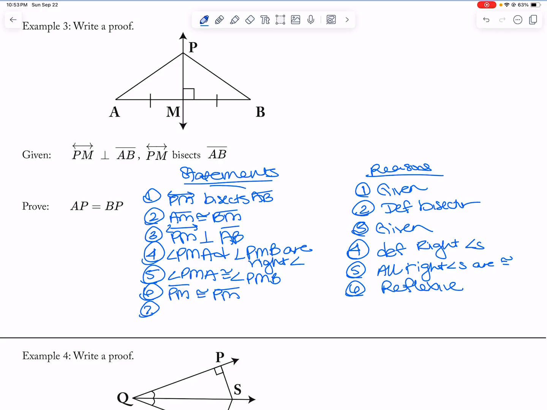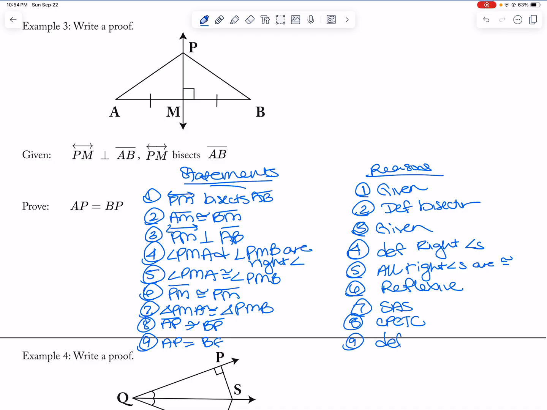And then 7, we can say triangle PMA is congruent to triangle PMB, and that would be side angle side. And then 8, AP is congruent to BP because of CPCTC. And then 9, the segments are equal because of definition of congruence.